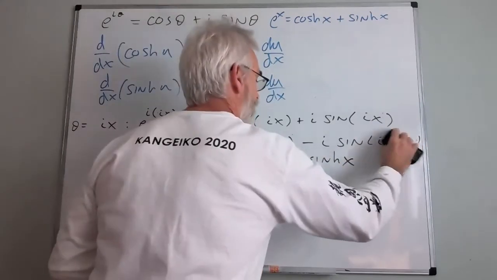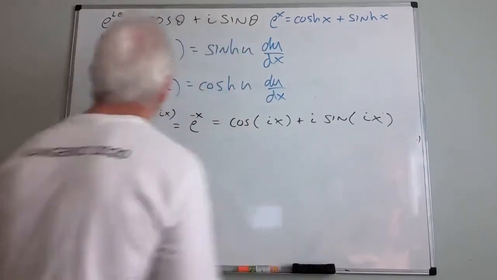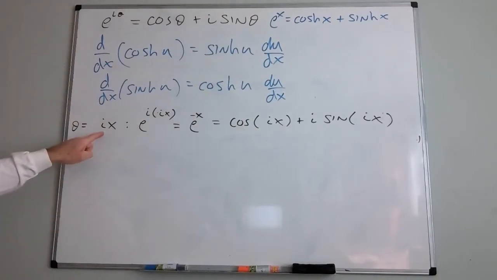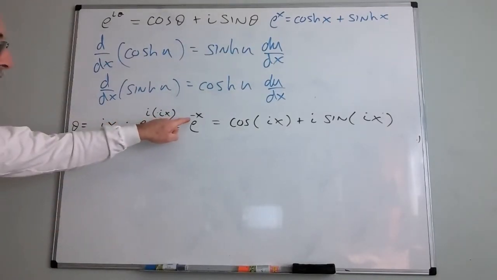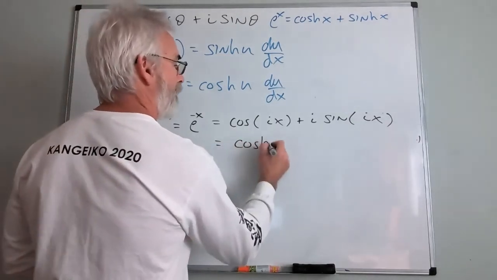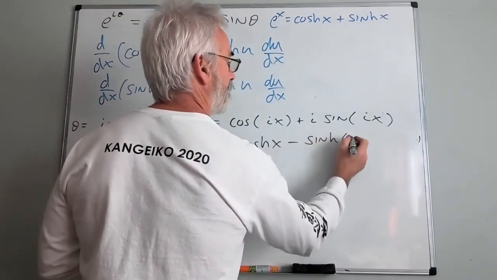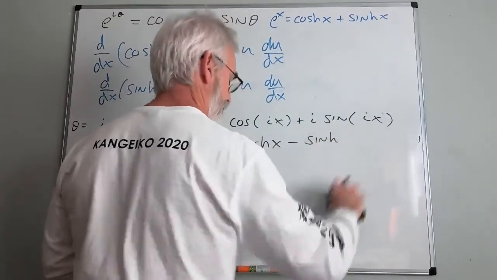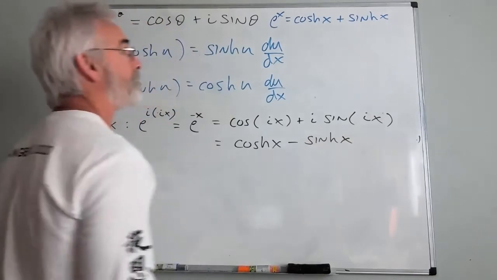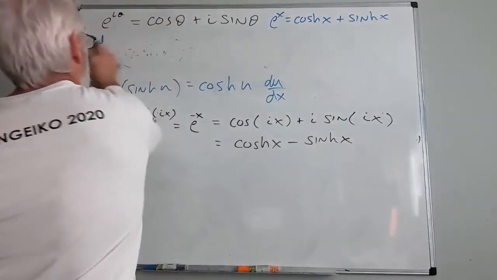Well, I don't even need this line anymore. If I replace theta with positive ix, I'm going to get e to the negative x. e to the negative x is simply the hyperbolic cosine minus the hyperbolic sine. Okay, is that useful to me? Yeah, that's very useful. I don't need this line anymore.